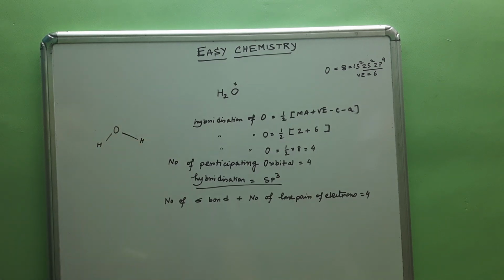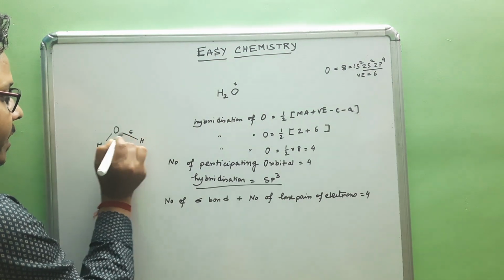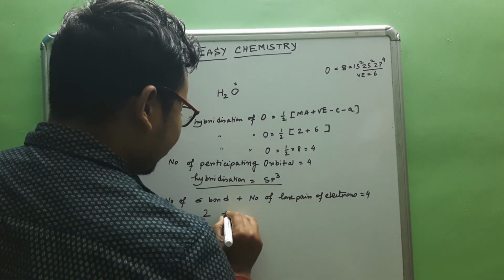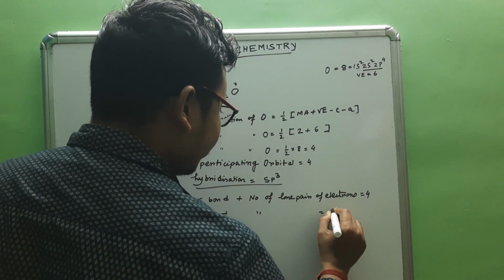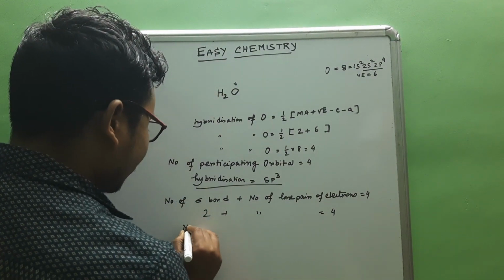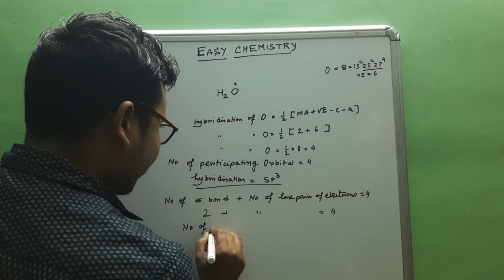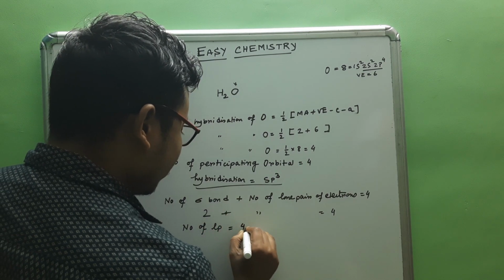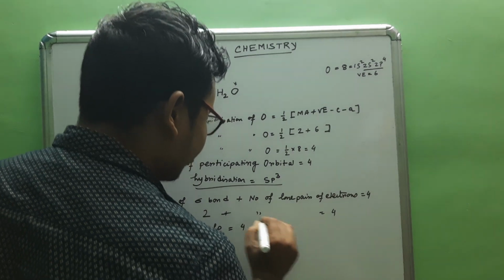so they are attached to the oxygen with the help of a sigma bond. So this is a sigma type bond, this is also a sigma type bond. So number of sigma bonds equals 2 plus number of lone pairs equals 4. So number of lone pairs LP equals 4 minus 2 equals 2.